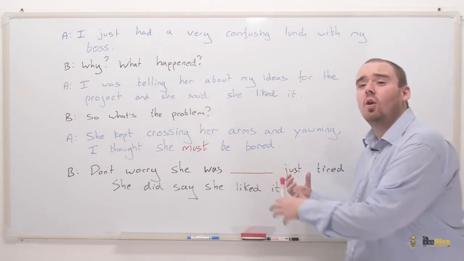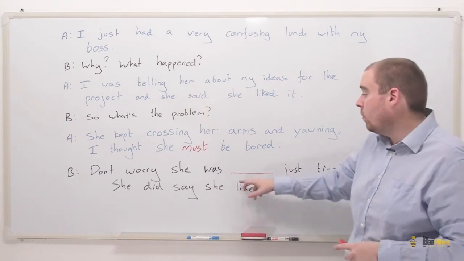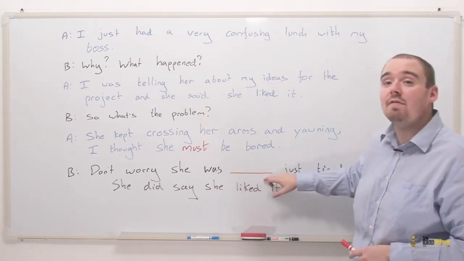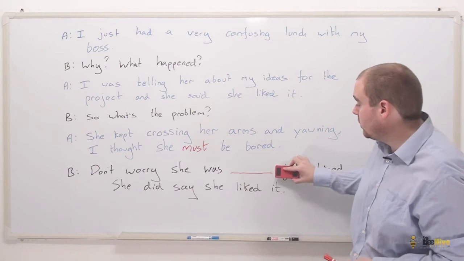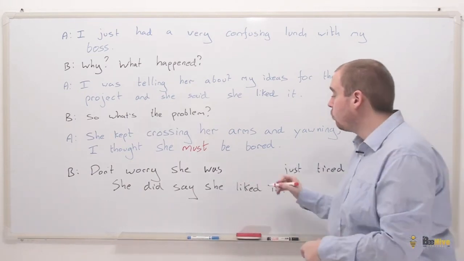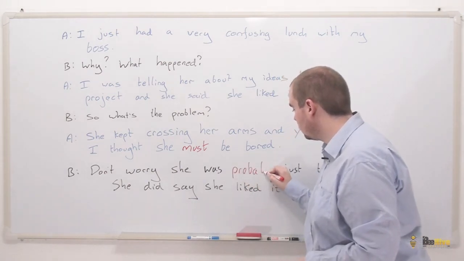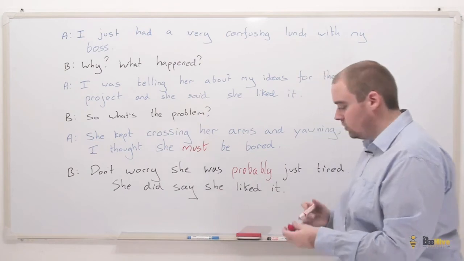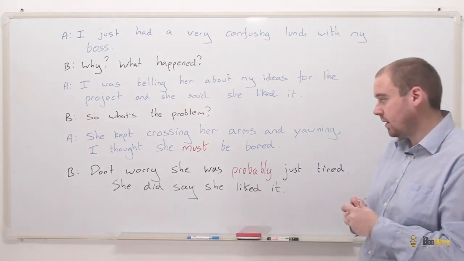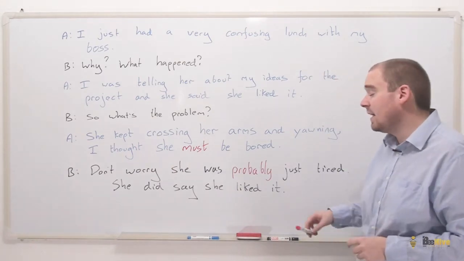With other verbs, we put it before, like we looked at earlier, but with was, we put it after. So here, we could say, she was probably just tired. Okay? And then we finish with, she did say she liked it.